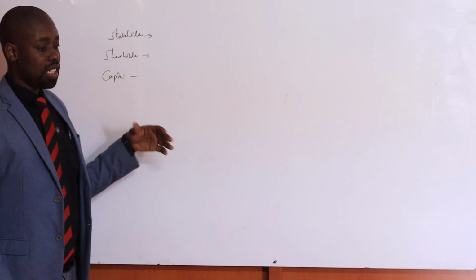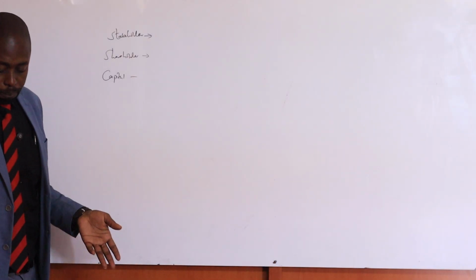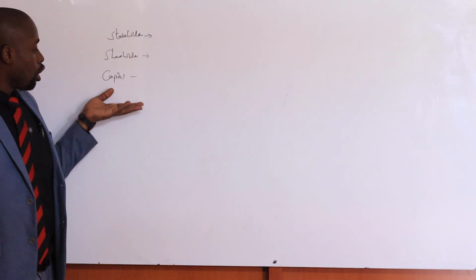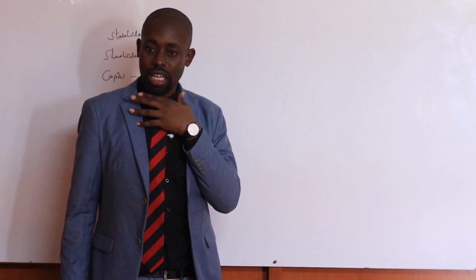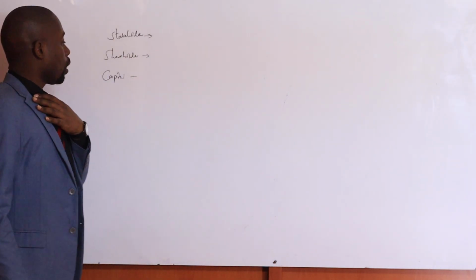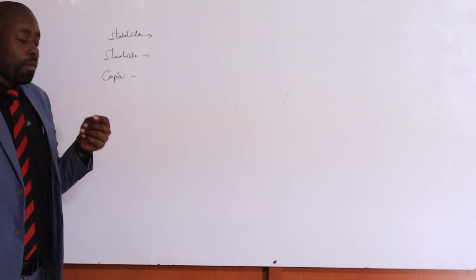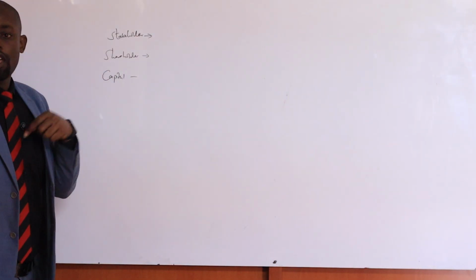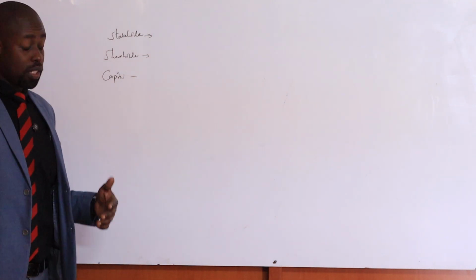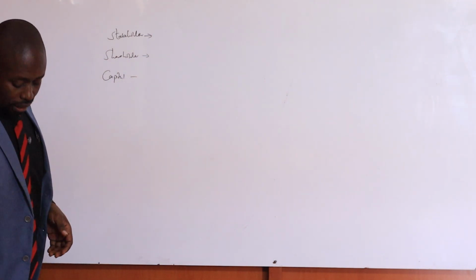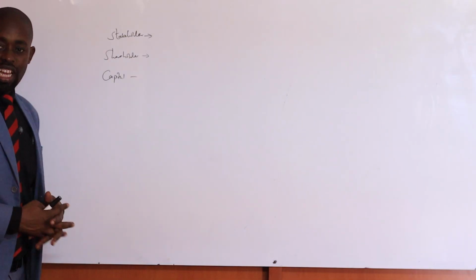And we have different ways of sourcing capital. We have one brought in by the owner from his own sources. That's owner's capital, or equity capital if it's from issue of shares. And then we have what you call borrowed capital.